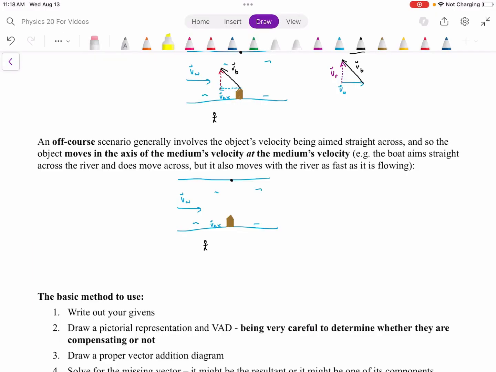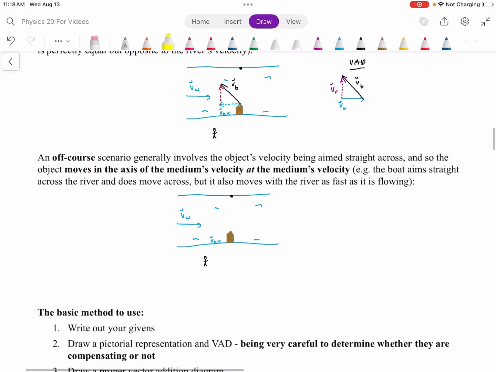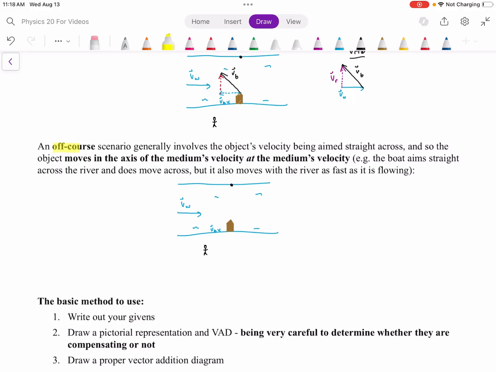All right, so we just talked about it quite a bit when looking at compensation, but let's officially look at the off-course scenario. What this is going to involve is the object's velocity being aimed straight across, so they don't try to compensate for the current. They point their boat, for example, just straight across the river. And so as a result, what's going to happen?